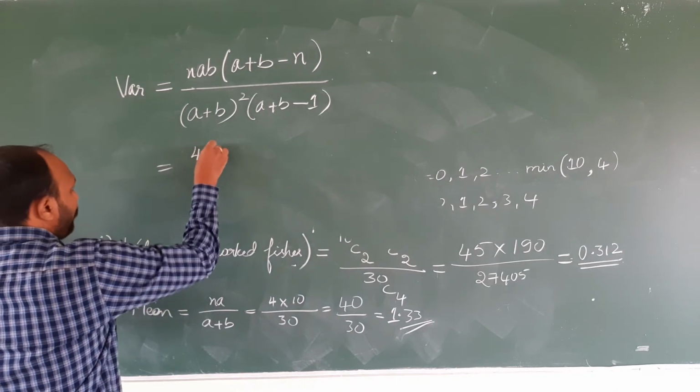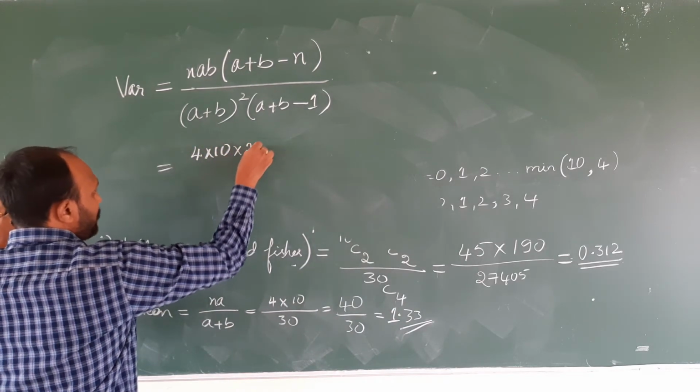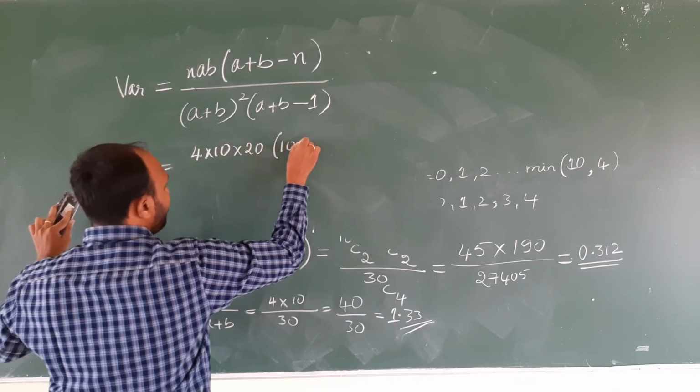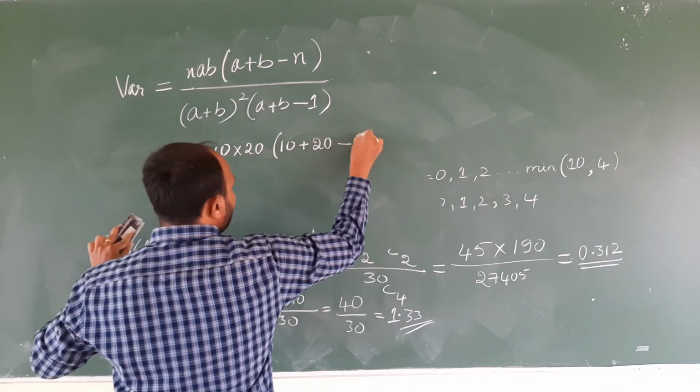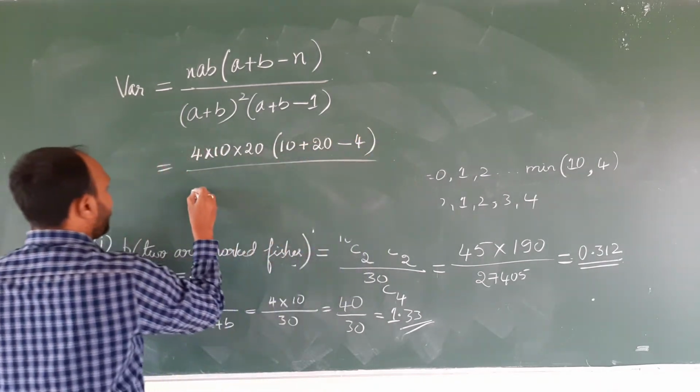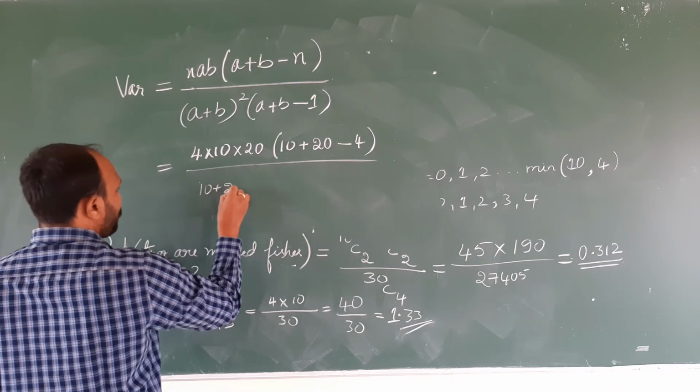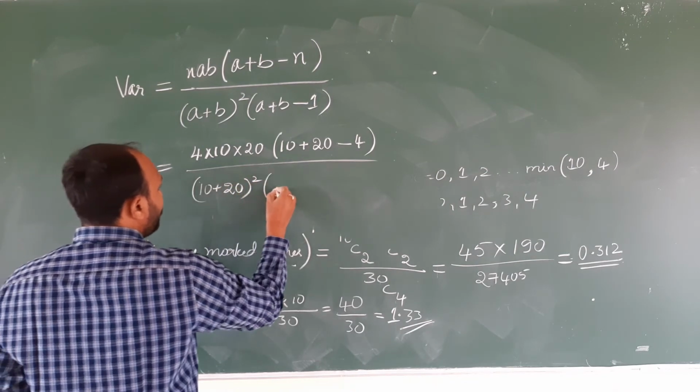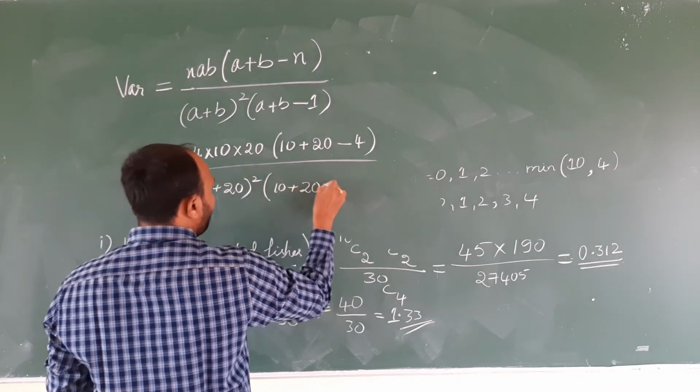n value is 4, A value is 10, B value is 20, into 10 plus 20 minus 4, divided by 10 plus 20 to the power 2, into 10 plus 20 minus 1.